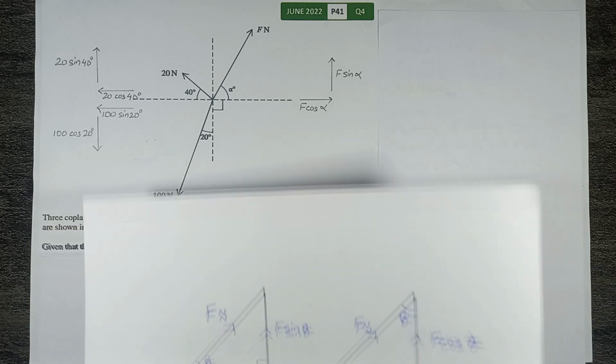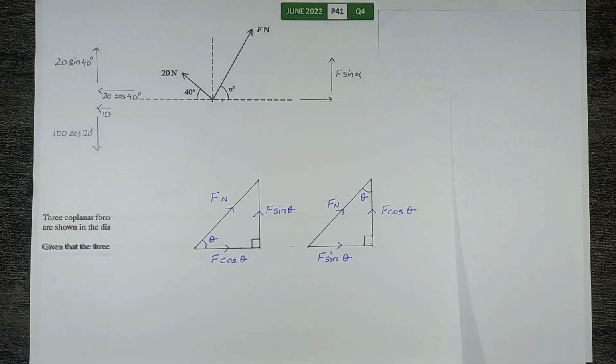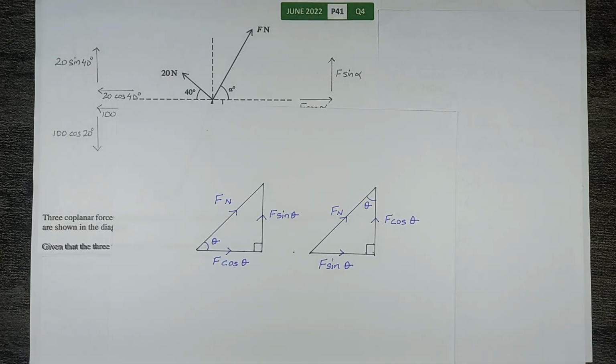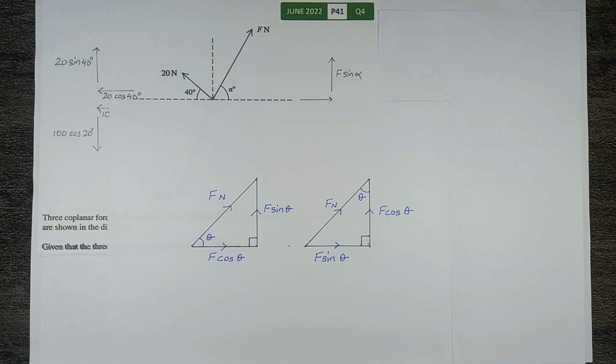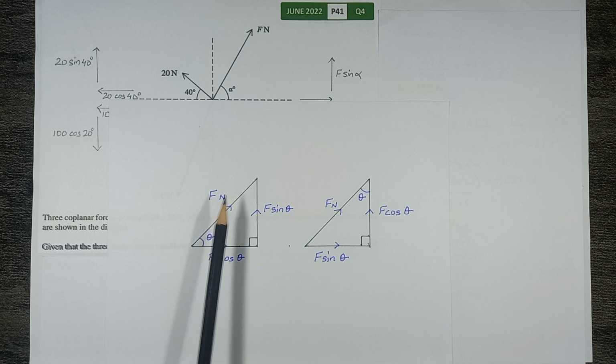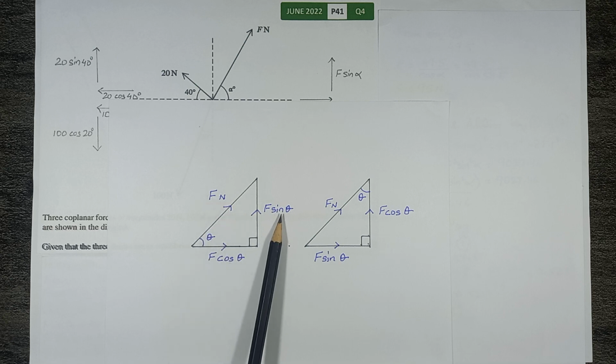Before that, we should understand what the horizontal and vertical components are, because I have seen most of the students have a misconception and they think that the horizontal component is always a cos component. No, it is not like that. If this is the angle that is given in the diagram, then the side next to that would be a cos component of that particular force, and the opposite side would be a sine component.